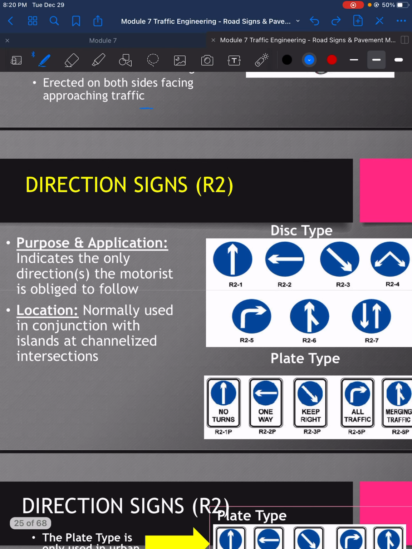Okay, so the direction signs there, we have this type, mga bilog, and we have the plate type. The purpose for these direction signs is to indicate the only directions the motorists are obliged to follow, normally used in conjunction with islands at channelized intersections.